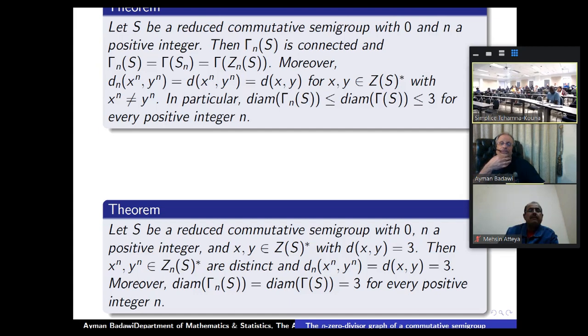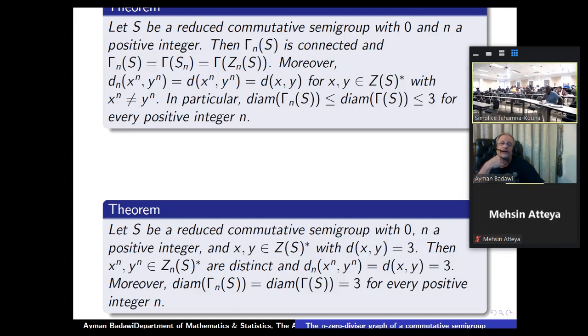Okay, let's look at this result. If you have a reduced commutative semigroup and n is a positive integer, and you select two vertices, x and y, in the zero divisors of the semigroup S, and definitely none of them is 0, and assume the distance is 3.